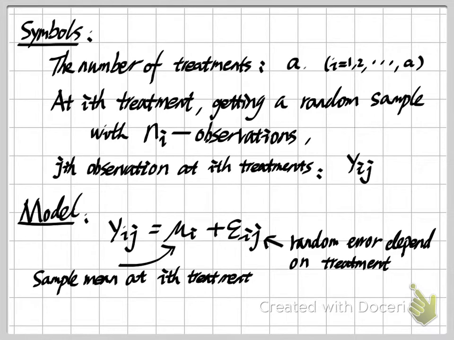So these are our notations. And then about the epsilon: previously when we talked about linear regression, we also had a symbol epsilon there. So we use that one to denote the errors. So here in this part, the epsilon is the same. This is still about the errors. So these are random errors, which depend on the treatment. So that's why our epsilon has the subscripts i, and j is for our observations.